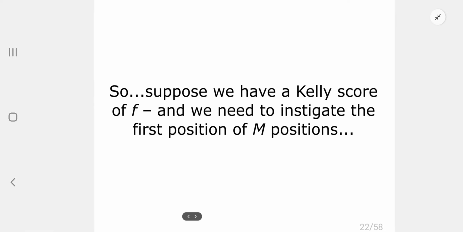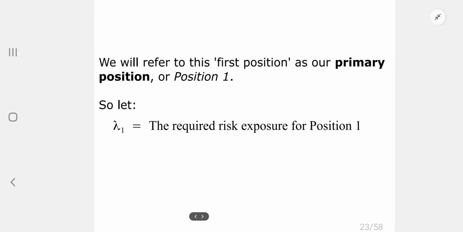So, suppose we have a Kelly score of F and we need to instigate the first position of M positions. We will refer to this first position as our primary position or position 1, so that lambda 1 equals the required risk exposure for position 1.